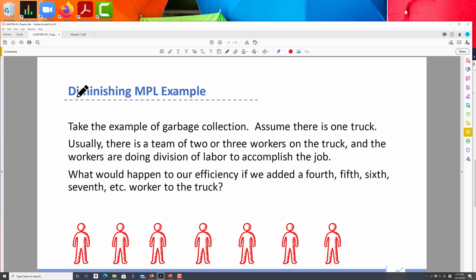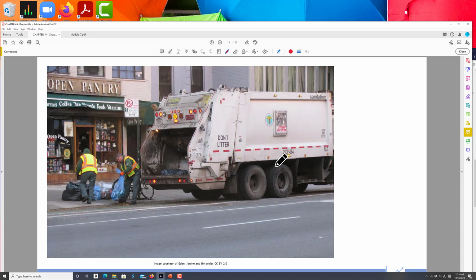So the principle of diminishing marginal product of labor eventually sets in as we add more workers. Let's take a look at this example. A garbage picking company.